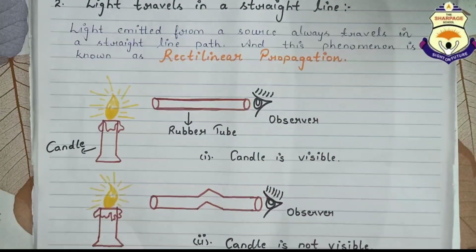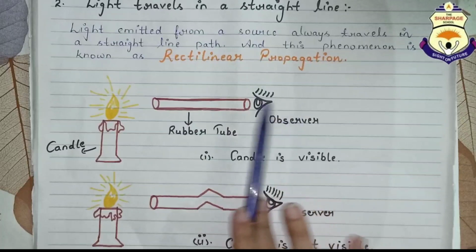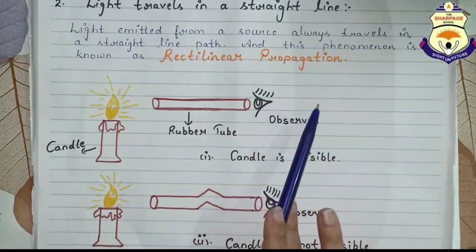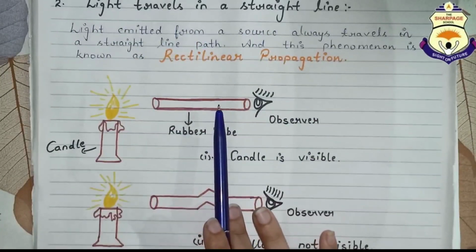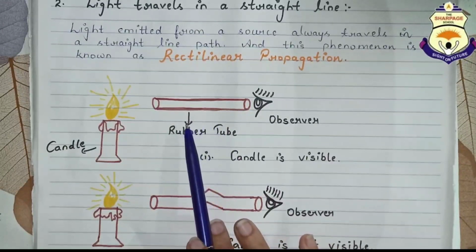Students, now let's study the second property of light, that is, light travels in a straight line. Light emitted from a source always travels in a straight line path, and this phenomenon is known as rectilinear propagation. Let's perform an activity.